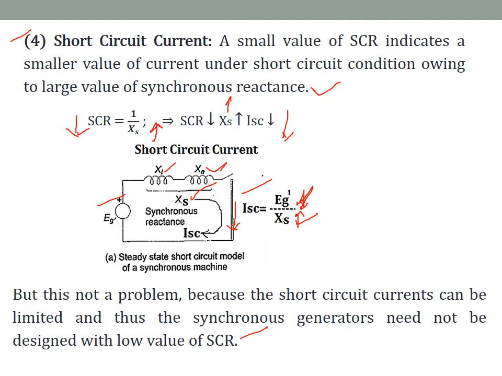High short circuit current can be overcome by using current limiting techniques. So here you can go for a higher value of SCR, so Xs can be less. When Xs is less, there is better voltage regulation, Pmax will be large, and synchronizing power will be large. Those will have a better impact on the system.